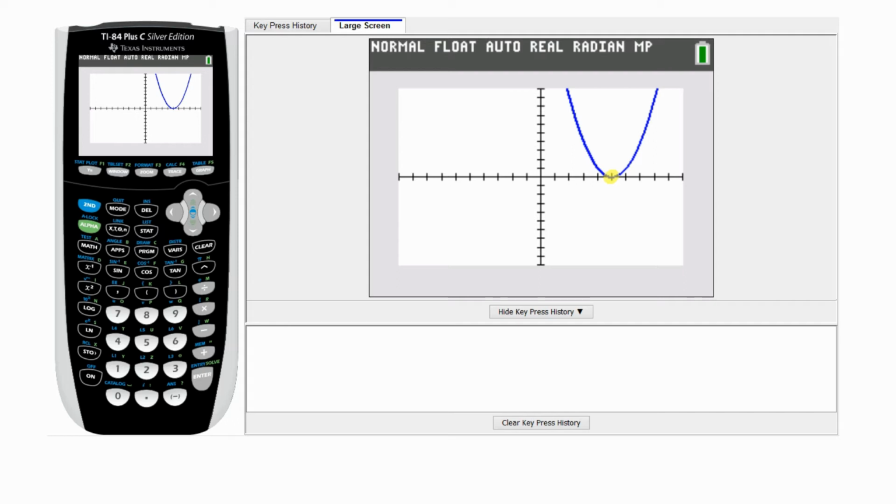Anytime our equation has only one answer, the vertex is going to be on the x-axis. If I push trace and then arrow, this time I'm going to arrow to the right. And I get that x equals 5 when y equals 0. So our answer is correct.